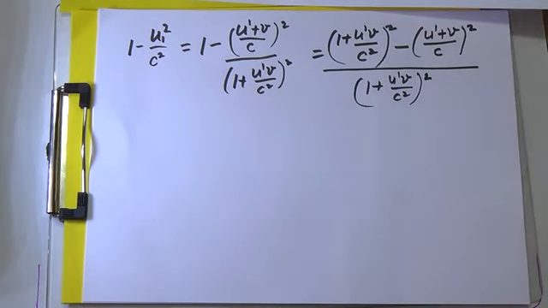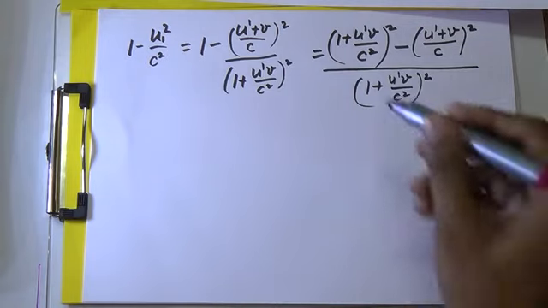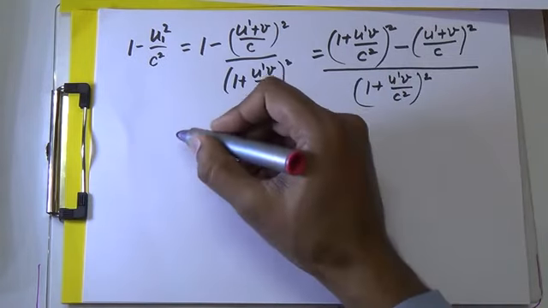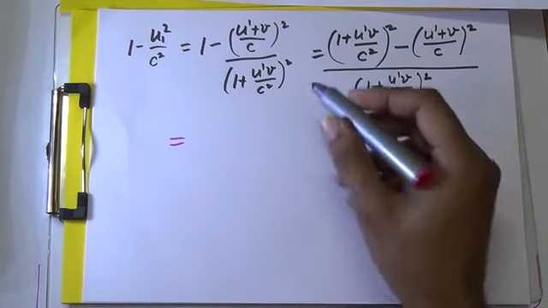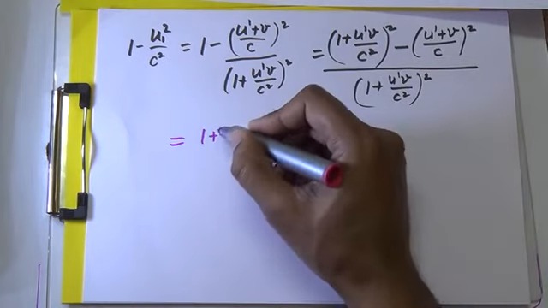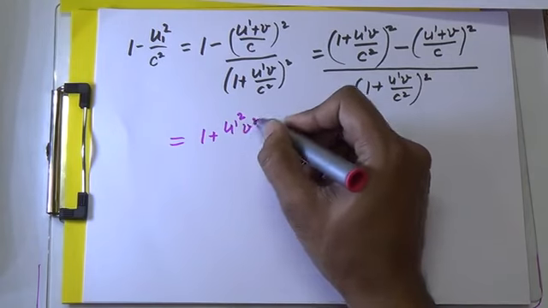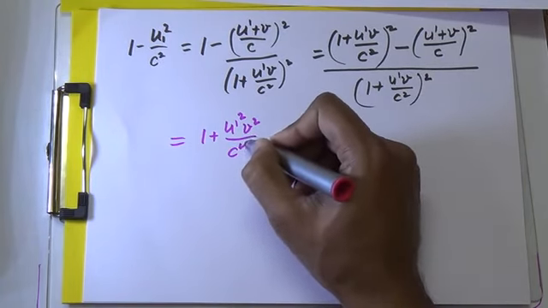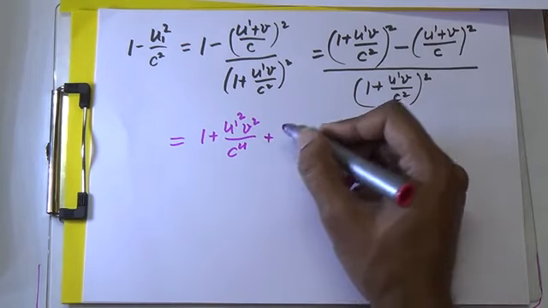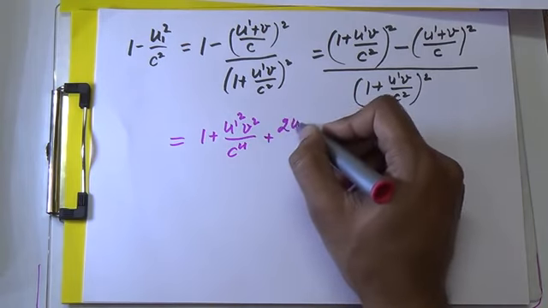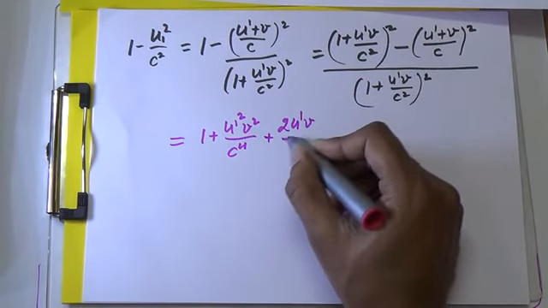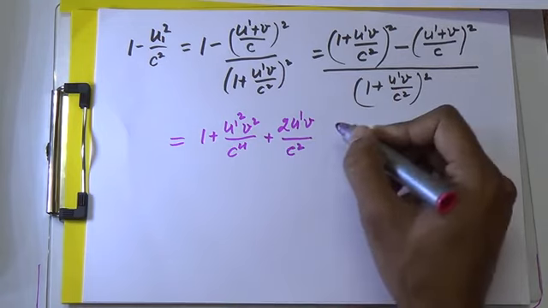Now the next term will be, open this square, that will be 1 plus u prime square v square upon c4 plus 2 u prime v upon c square.